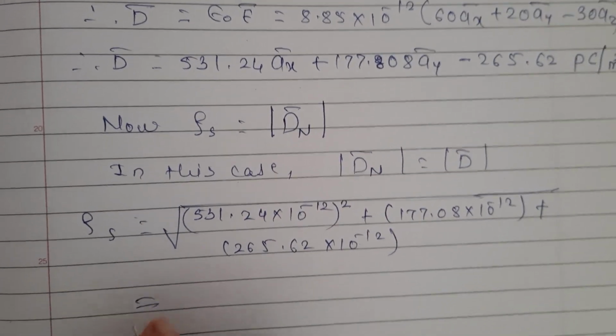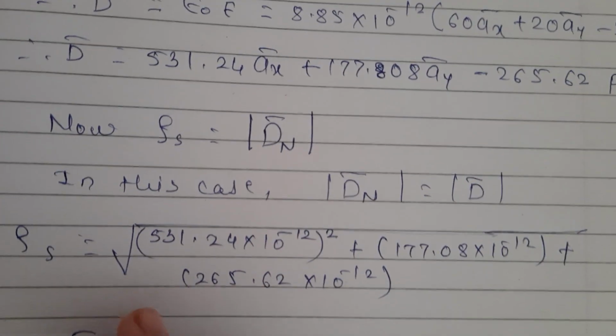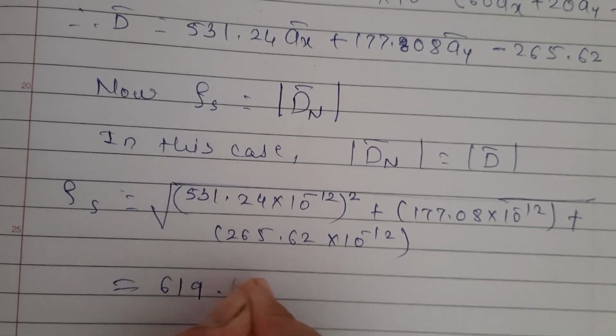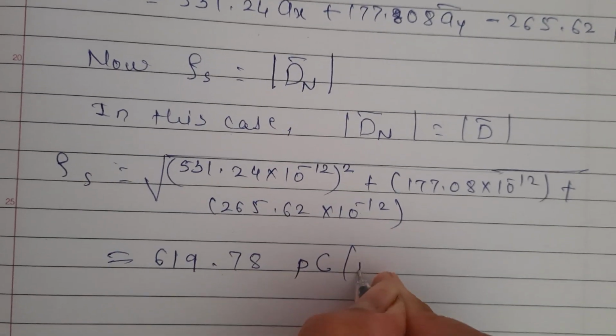So by solving it on a calculator we get the answer 619.70 picocoulomb per meter square.